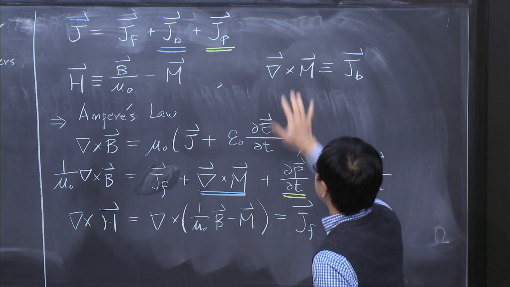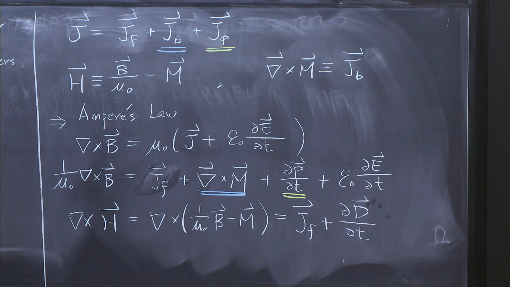And the curl of M is defined as the size, or let's say the magnitude and direction, of the bound current.